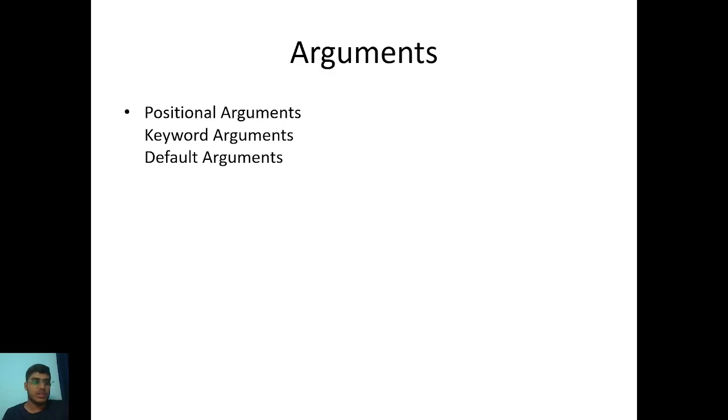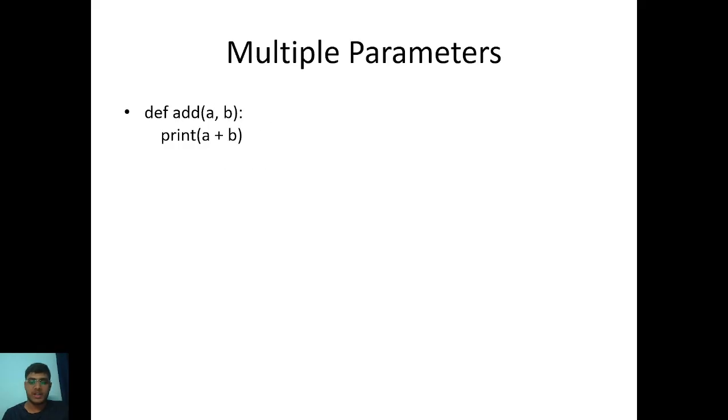Arguments are of three main types: positional arguments, keyword arguments, and default arguments. Multiple parameters.